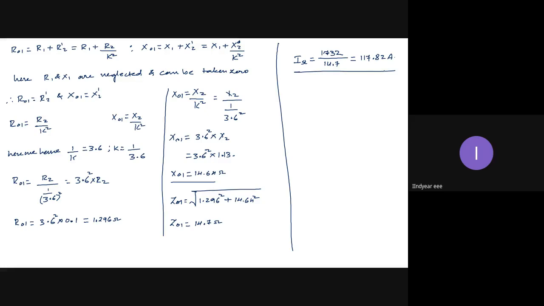Now we have to find out the starting torque. To find the starting torque, I need to have E2. So what is E2?